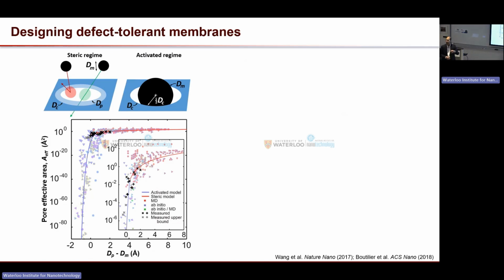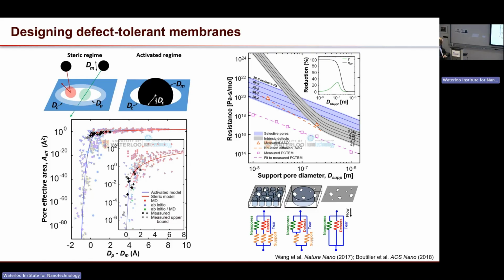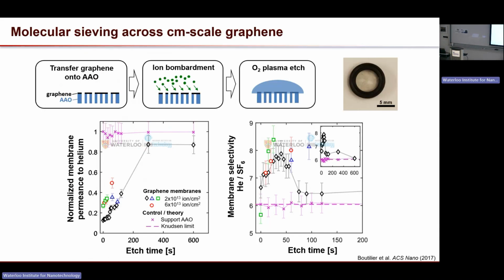But if the pore is smaller than the gas molecule, the molecule has to squeeze through, and the flow rate effectively drops. So based on these, we can do a design of the support. I won't go through the details, but we use the same principle to identify which kinds of supports are going to be necessary in order to observe selectivity between gas molecules.